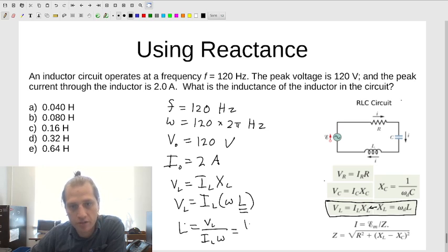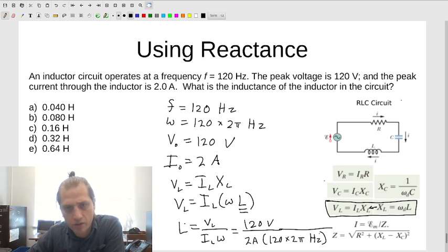So in our numbers, that would be 120 volts, and these are the amplitudes that we're talking about, over 2 amps, and then this one would be 120 times 2 pi hertz. Okay, so I would not give you anything harder than this, but this, at least, I think it would be okay to set up.